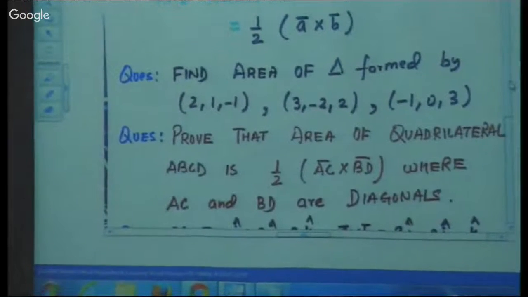So can we solve this question? Find the area of the triangle for these 3 points: (2, 1, minus 1), (3, minus 2, 2), and (minus 1, 0, 3). Find the area of the triangle formed by these 3 points.